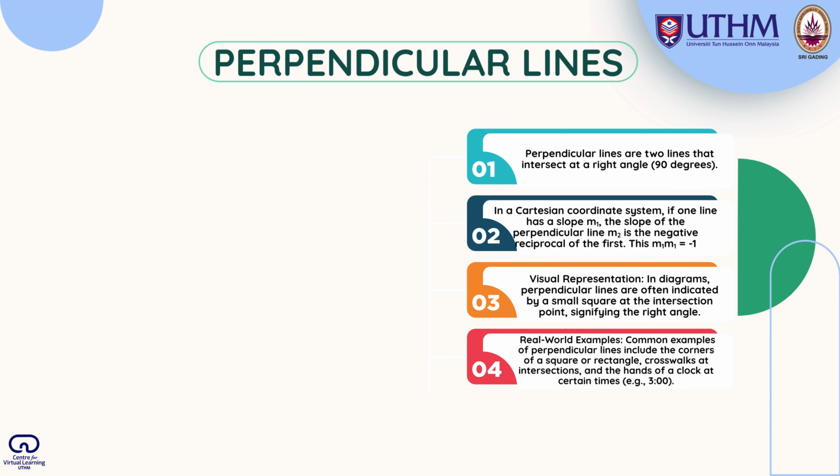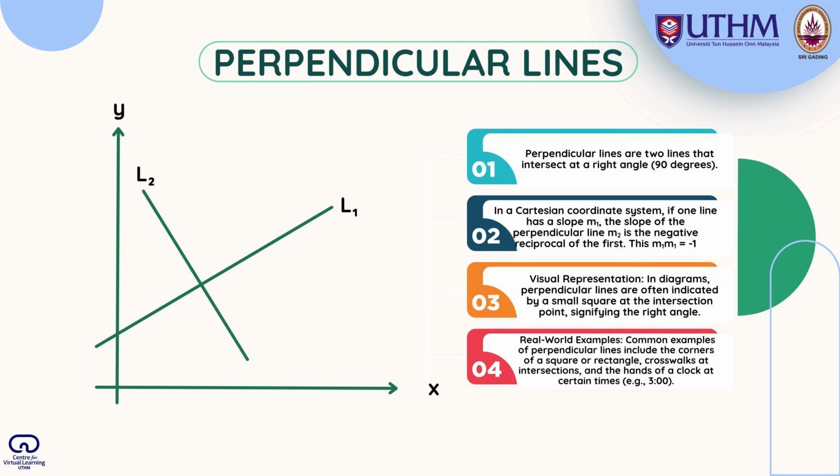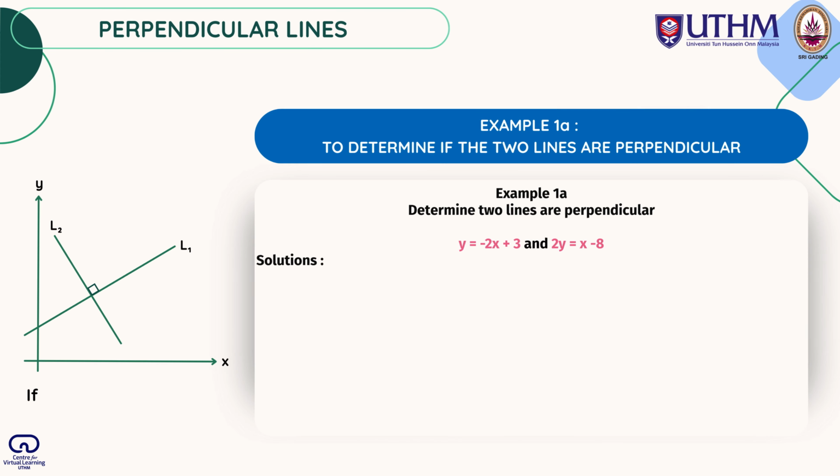Properties of perpendicular lines. Let's say lines L1 and L2 are perpendicular. If M1 times M2 equals -1, then the lines are perpendicular. That's your key property. Example 1a. Are these lines perpendicular? Given L1, y equals -2x plus 3, and L2, 2y equals x minus 8.